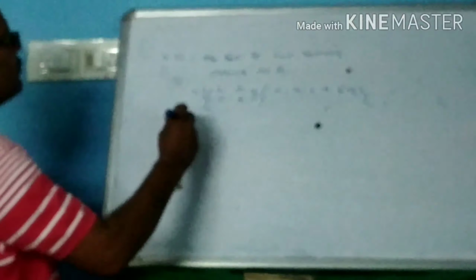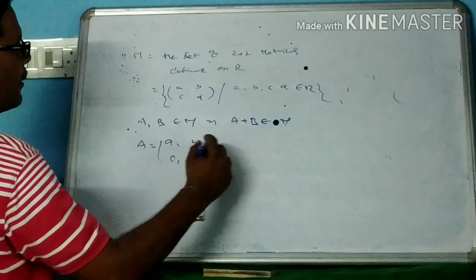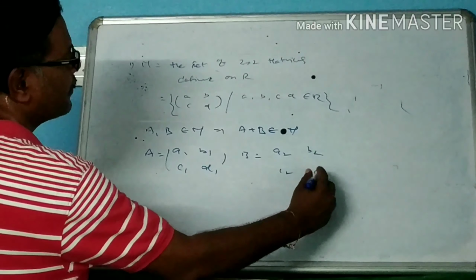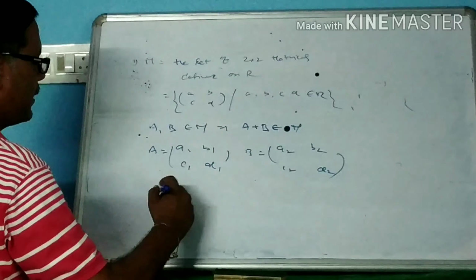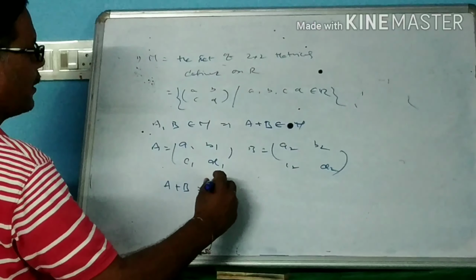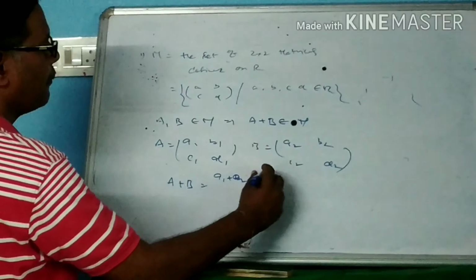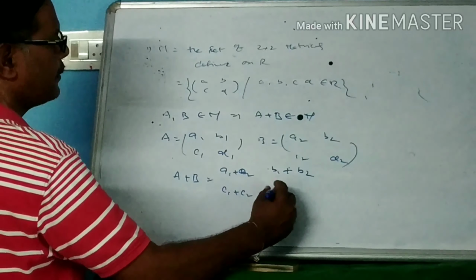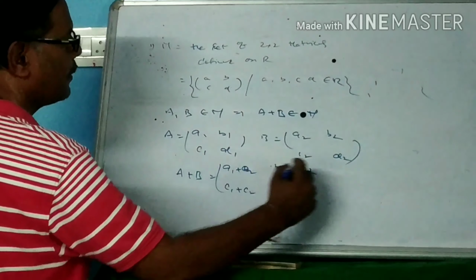For example, A is equal to a1, b1, c1, d1. B is equal to a2, b2, c2, d2. Now add: A plus B is a1 plus a2, b1 plus b2, c1 plus c2, d1 plus d2.